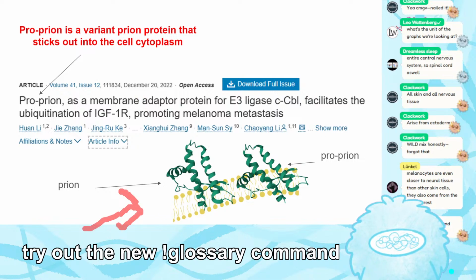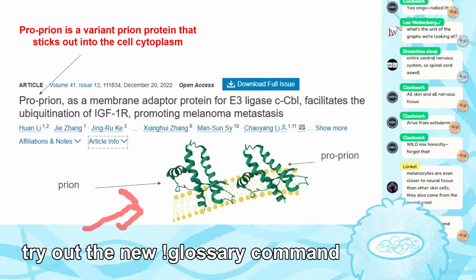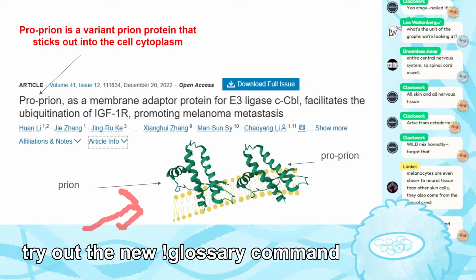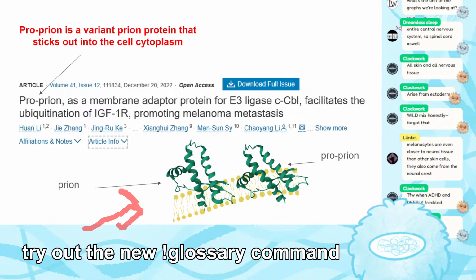On the left here, we have the normal prion protein. This is a membrane anchored protein that is embedded in the membrane, but it does not stick into the cell. And the proprion is what we call an isoform. So this is naturally occurring, meaning that you have the genes to make this, but it's not very common to make this version of the protein.